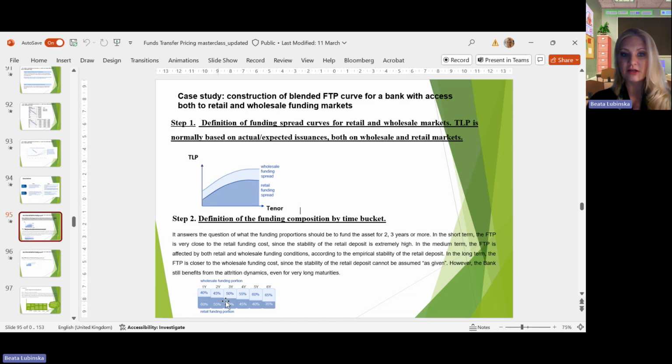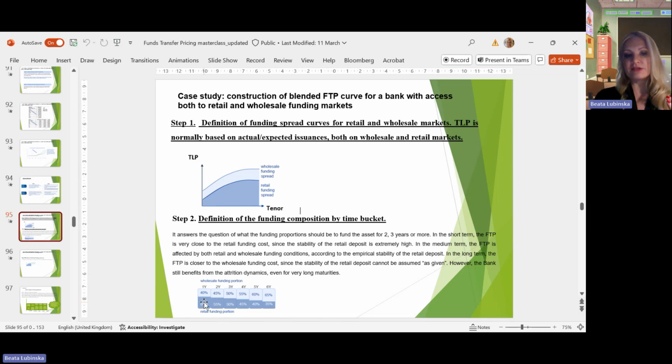portion. And obviously in this calibration there will be some kind of amortization or attrition profile for your retail funding portion, so that you can fill in the gap through this wholesale funding portion, because we know that we can.